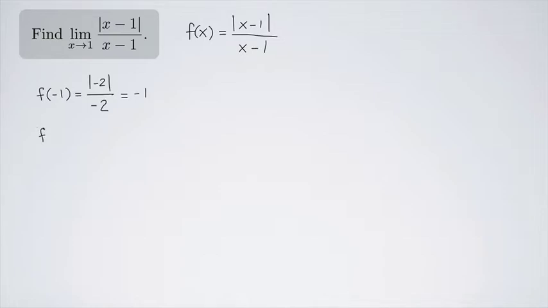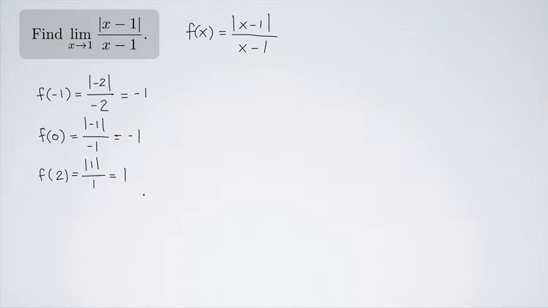How about the function when x is 0? Then we have absolute value of negative 1 on top, negative 1 on the bottom, again we have negative 1. We know that at 1 we have a problem. What about at 2? So now we have the absolute value of 2 minus 1 is 1, over 2 minus 1 is 1. Now we're at positive 1.